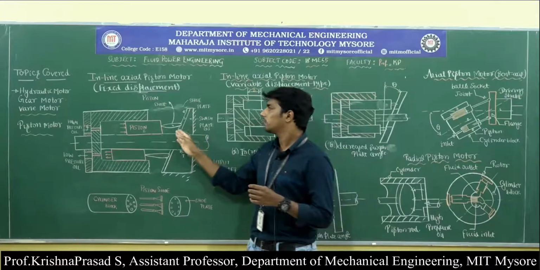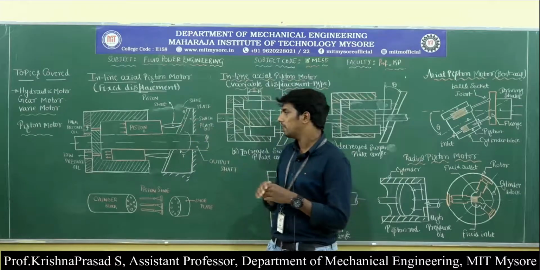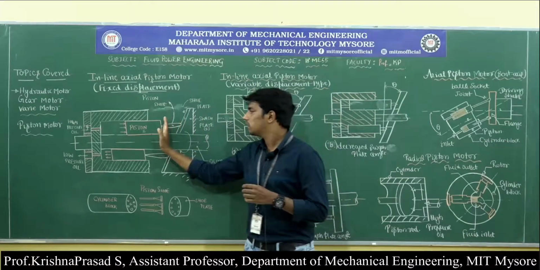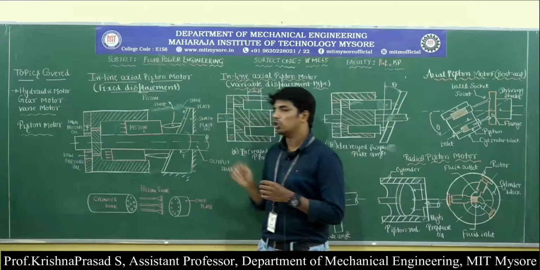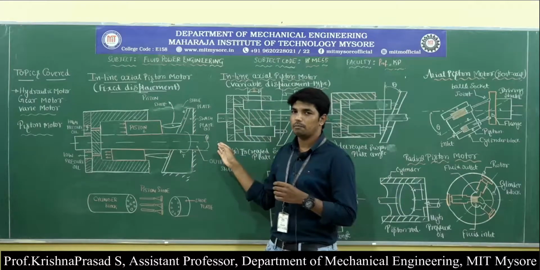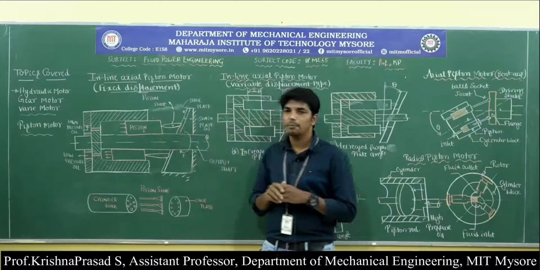I repeat, in this fixed swash plate design, the cylinder block is connected to the output shaft and the piston reciprocates in and out of the cylinder block at the axis parallel to the driving shaft. This is the second part of the construction.